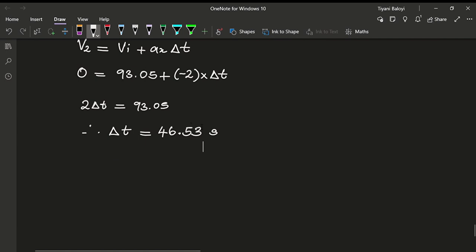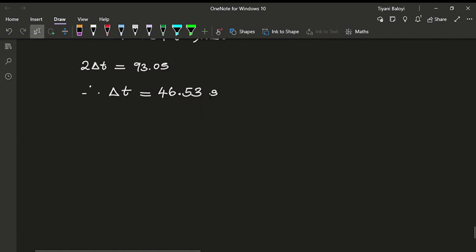If you're not sure, just write 4.525, right? So this will be your time it takes to stop, right? It's not even a minute, so you have to respect the acceleration of a racing car. That's pretty high, but for that velocity, it makes sense, right?